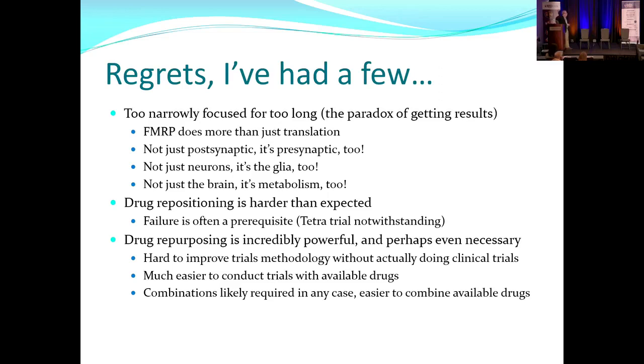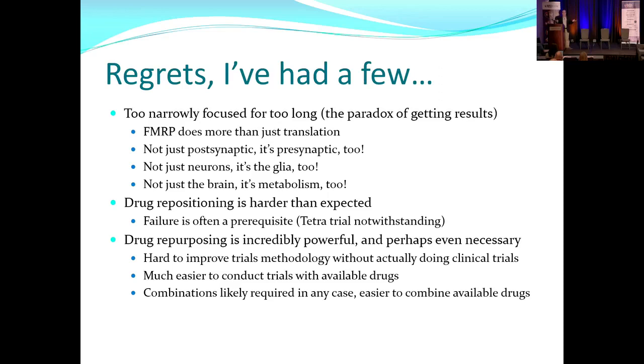And another thing that's important to keep in mind is that drug repositioning, so drugs in development, drugs that are not available now, is harder than we expected, because often failure is a prerequisite. A lot of times companies won't allow you to work with their compound unless it's already failed for something else. And that was the case with the mGlu5 drugs. They'd been through trials for anxiety disorders and depression, and they'd failed in those trials. And then they said, okay, you guys can have a shot at it now.